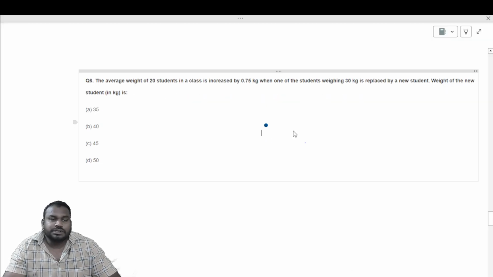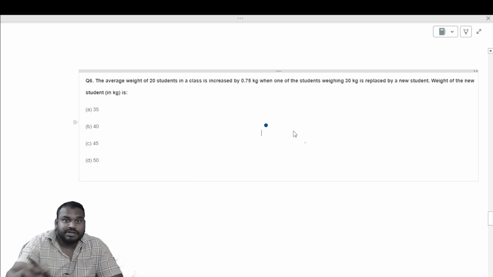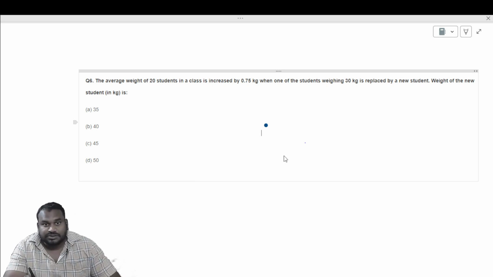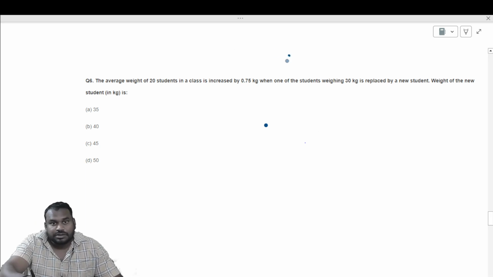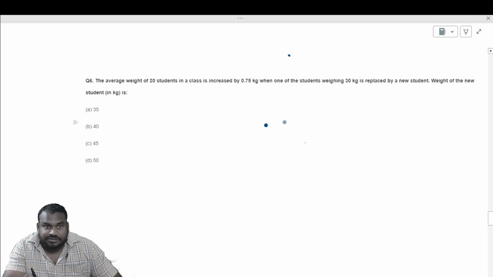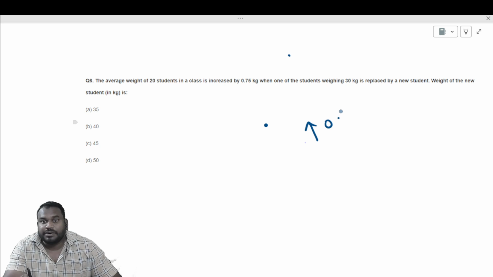Next question. The average weight of 20 students in a class is increased by 0.75 kg, and one of the students weighing 30 kg is replaced by a new student. Why is it increased?